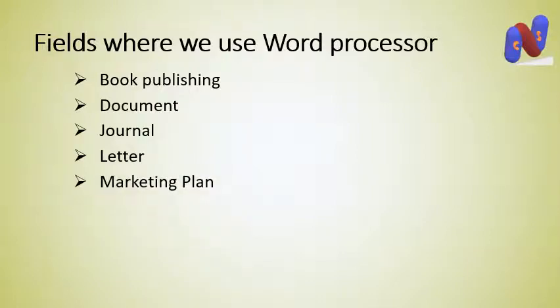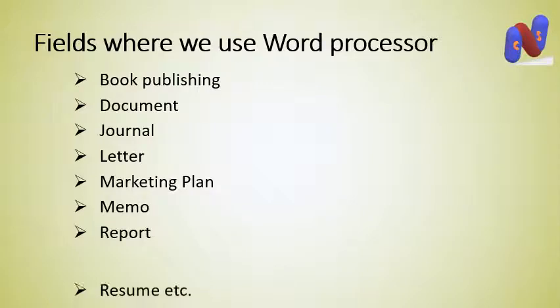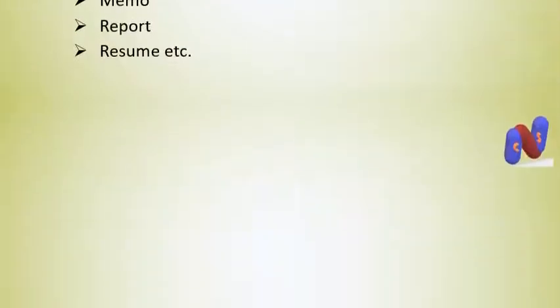We can create a marketing plan with the help of a word processor. We can create a memo, a report, and a resume also. So these are a few fields where we can use a word processor, but its use is large. We can't count them on a single page.